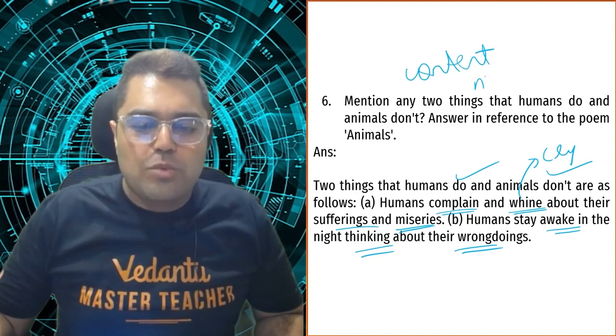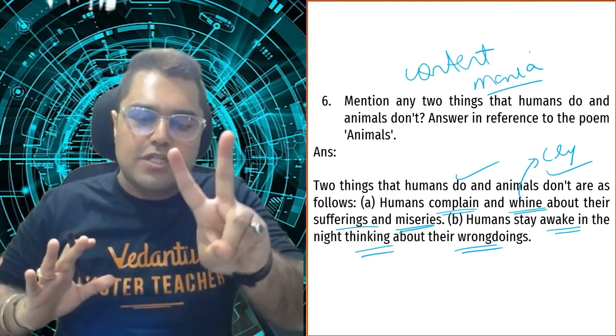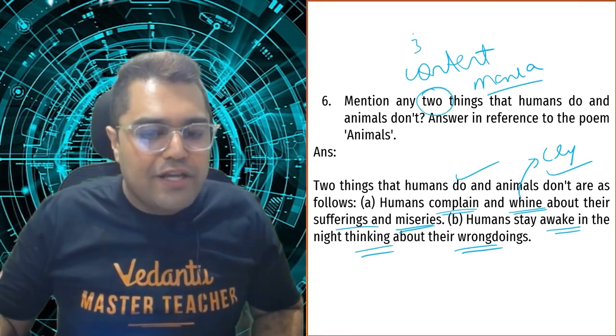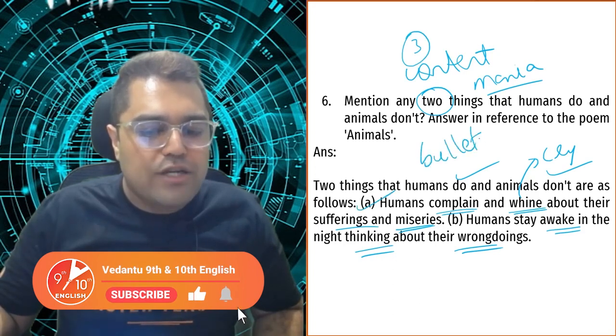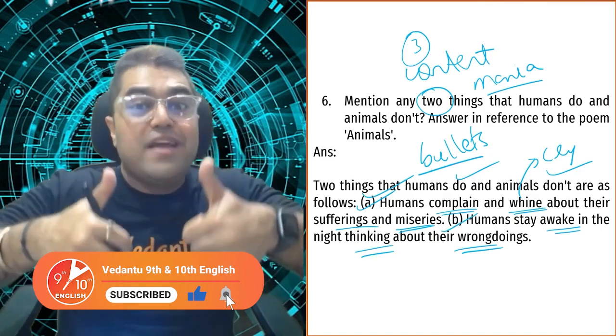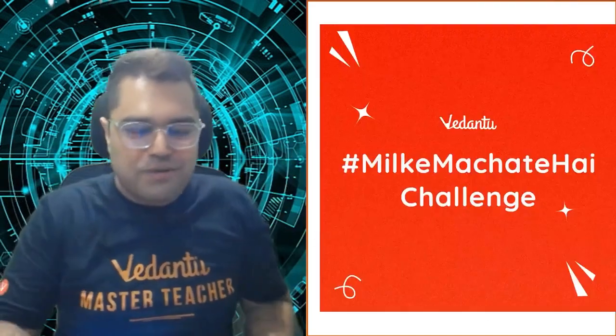You can say that humans have the mania of owning things. Any 2 things are fine. Whenever they say any 2, any 3, always write it in bullets. Always write it as 1 and 2. Full marks. Make the examiner happy. The examiner should like what you write. That is the most important thing.